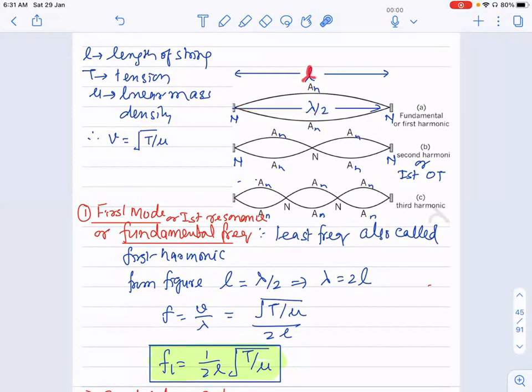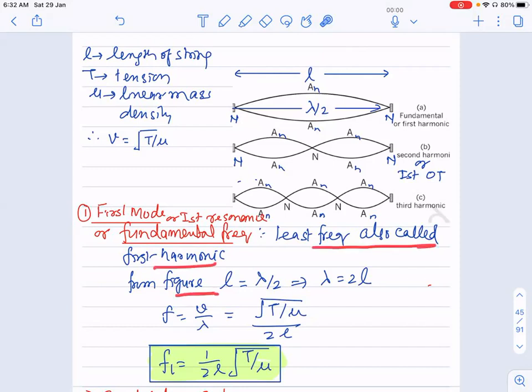There is the length, and this is one half of the wave. The distance between node and node is lambda by 2, just as we did yesterday evening. So this lambda by 2 has to be equal to L.